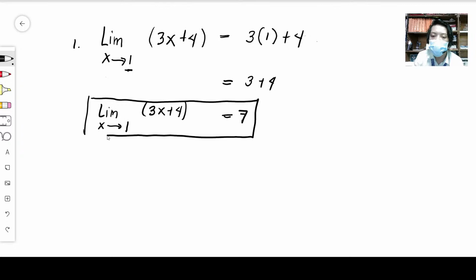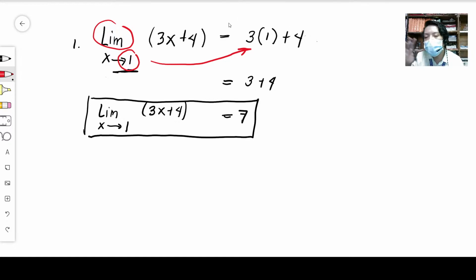Now, I want to reiterate this because this is a common mistake. When you substitute the number, the word limit should no longer be written on the right side of the equation.